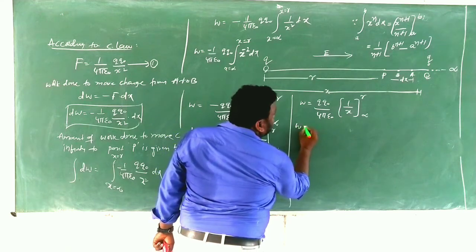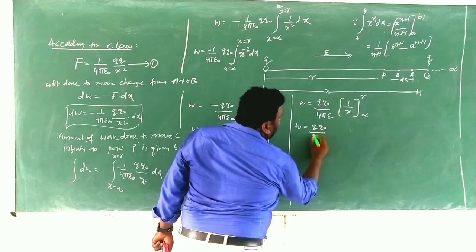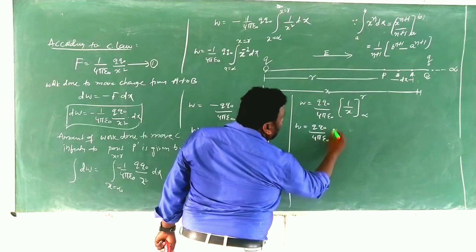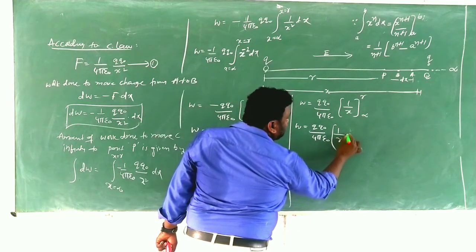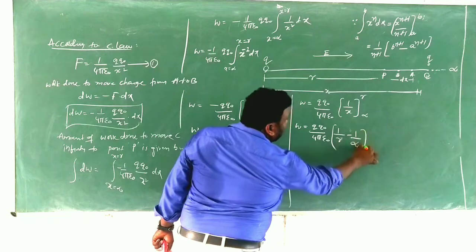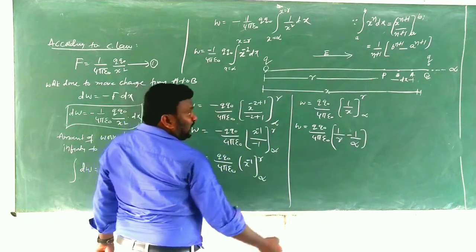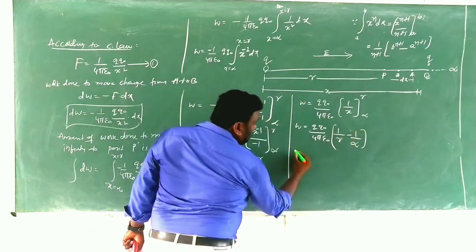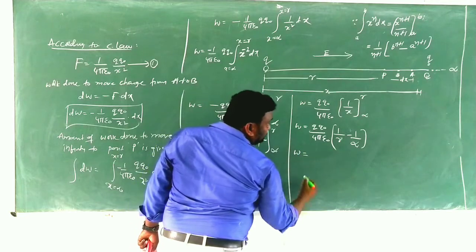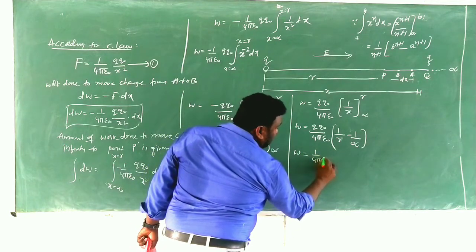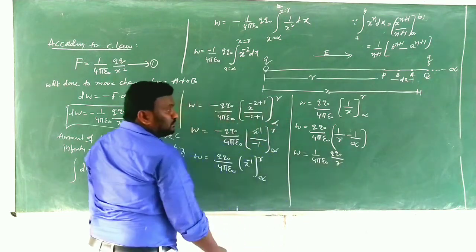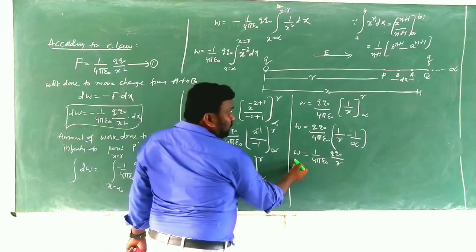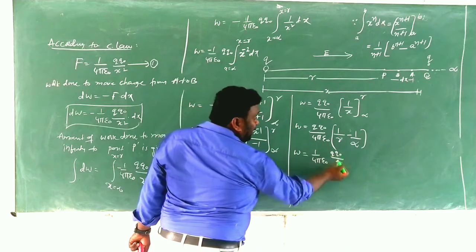Then W is equal to q naught by 4 pi epsilon naught into 1 by r minus 1 by infinity. 1 by infinity value is 0. Then what do you get? W is equal to 1 by 4 pi epsilon naught into q naught by r.